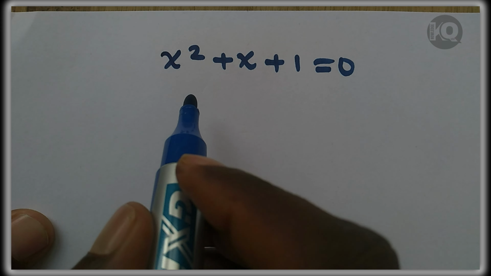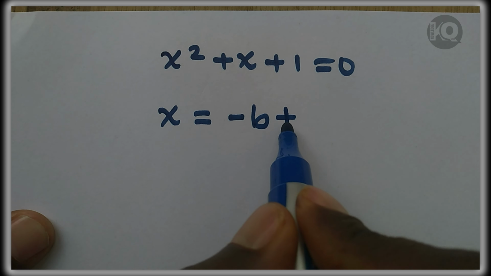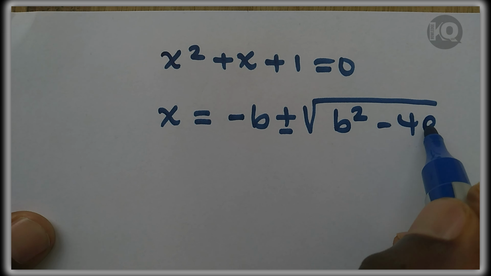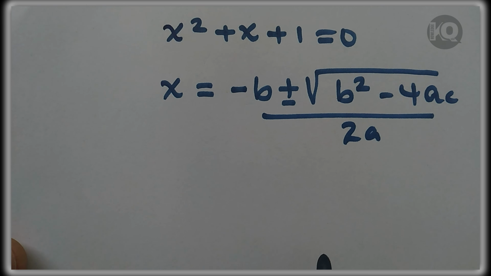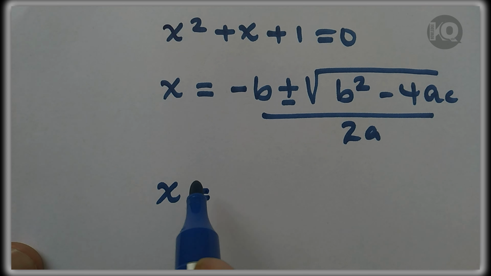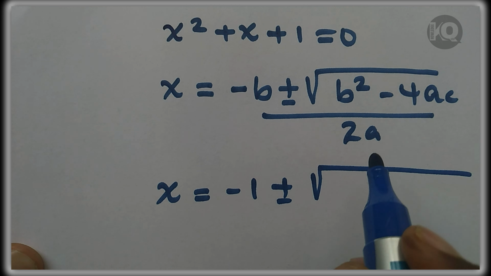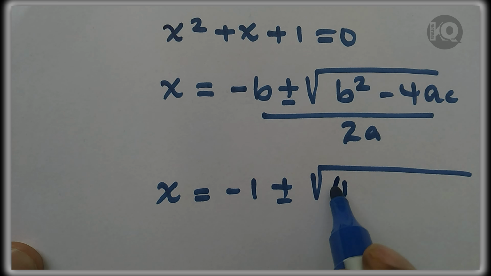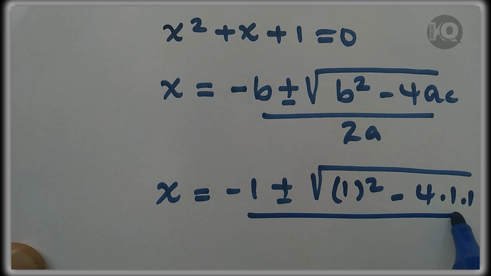By using the quadratic formula, x is equal to minus b plus or minus the square root of b squared minus 4ac, divided by 2 times a. So x is equal to minus b, which is 1, plus or minus the square root of b squared, which is 1 squared, minus 4 times 1 times 1, divided by 2 times 1.